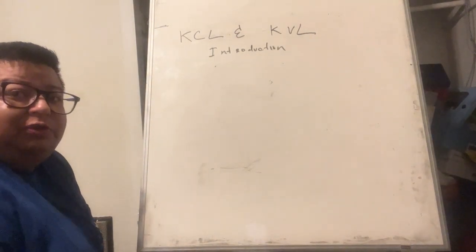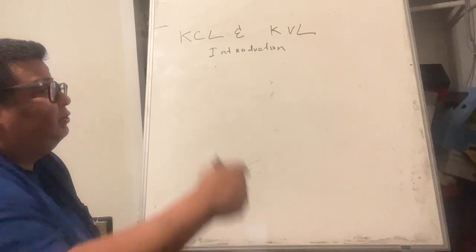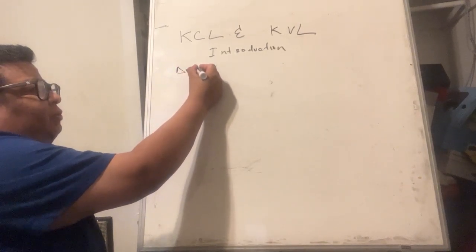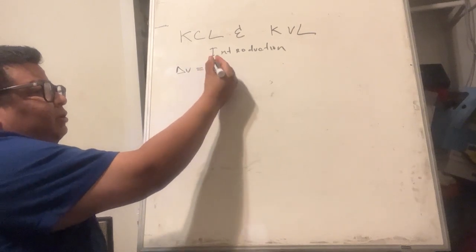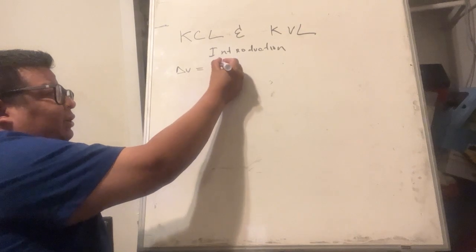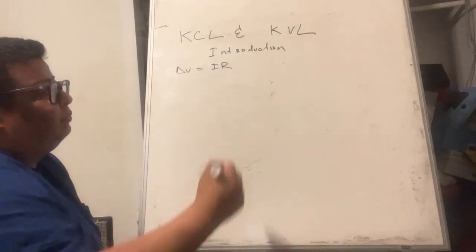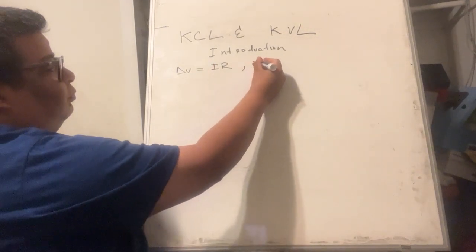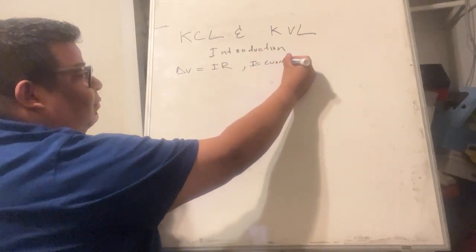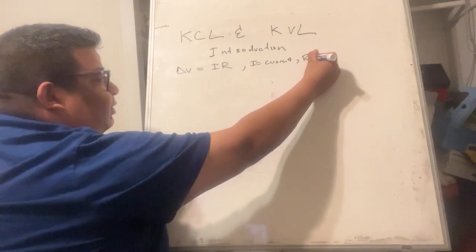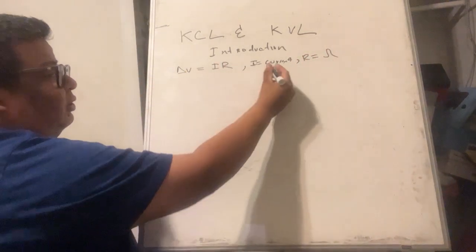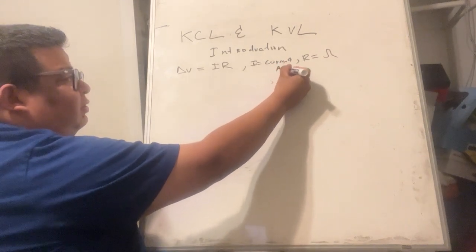What we need to know for this video is that the change in voltage, in other words the voltage across the device, in the case of a resistor, is going to be equal to I times R, where I is the current and R is the resistance in ohms, and current is in amps.